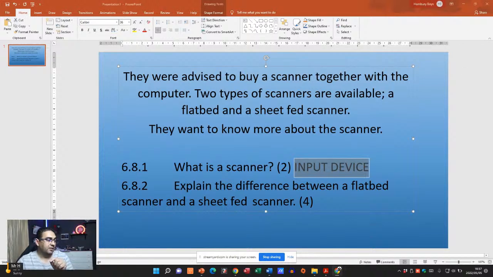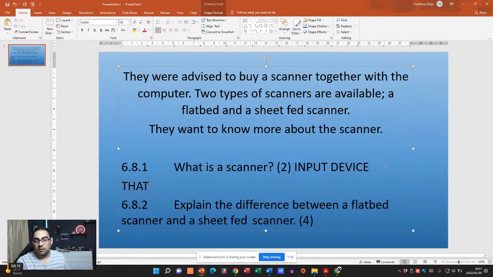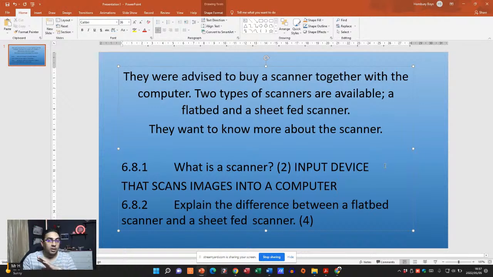It is an input device that scans an image or images, we can say, scans images into a computer. You actually don't have to be more technical than that.